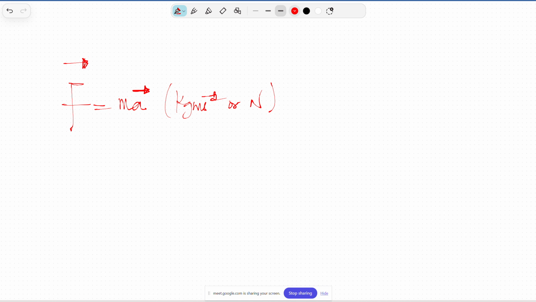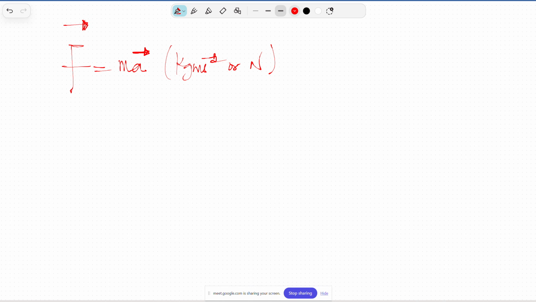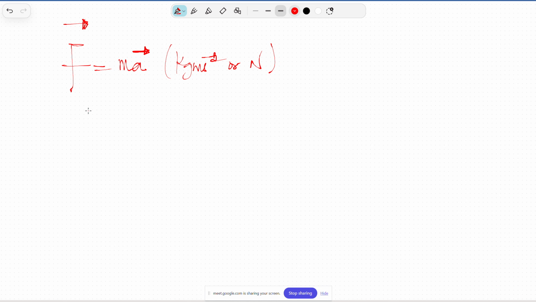A very important scientist, Isaac Newton, gave us very important laws that you need to know, called Newton's laws of motion. These laws of motion are divided into three. Number one is the law of inertia.